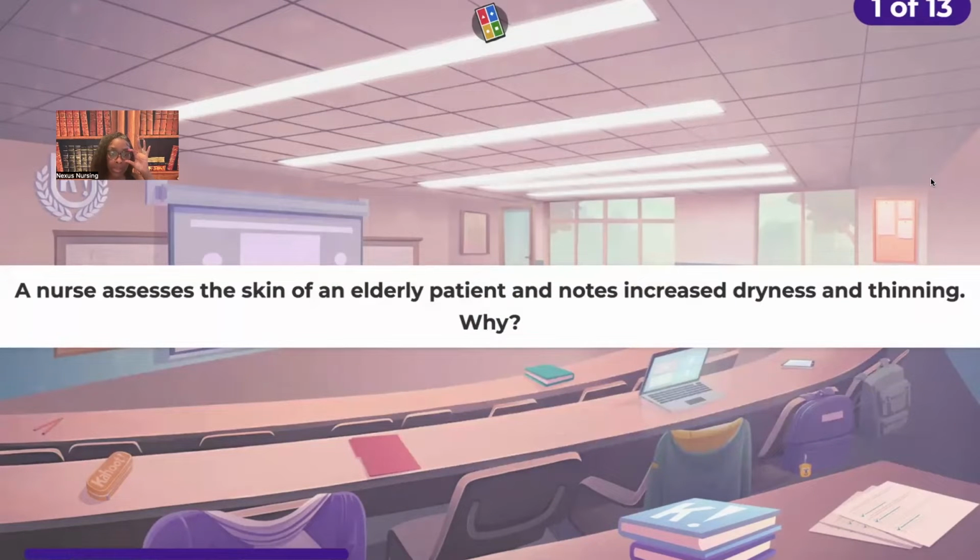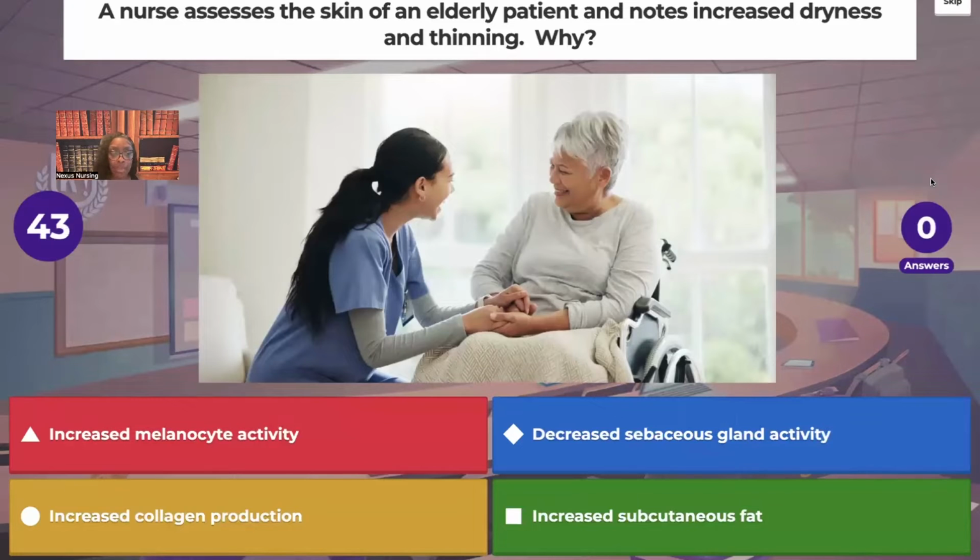Okay, a nurse assesses the skin of an elderly patient and notices increased dryness and thinning. Why is this happening? Is it due to increased melanocyte activity? Is it due to decreased sebaceous gland activity? Is it due to increased collagen production? Or is it due to increased subcutaneous fat?